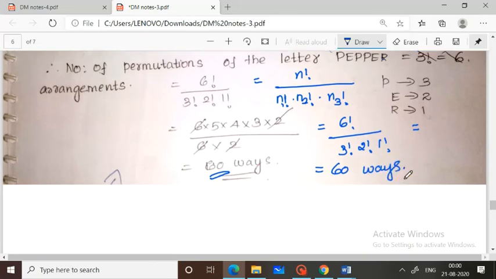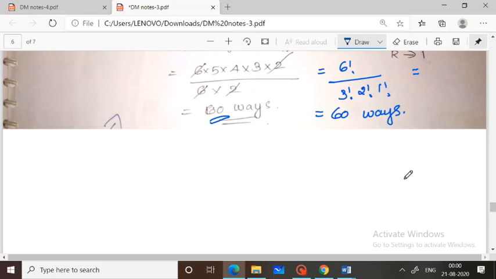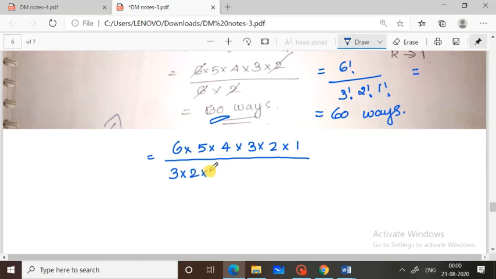Or if you are not using the calculator, you can write 6 factorial as 6 into 5 into 4 into 3 into 2 into 1, divided by 3 factorial, which is 3 into 2 into 1, and 2 factorial, which is 2 into 1, and 1.